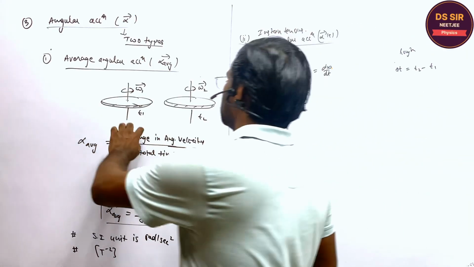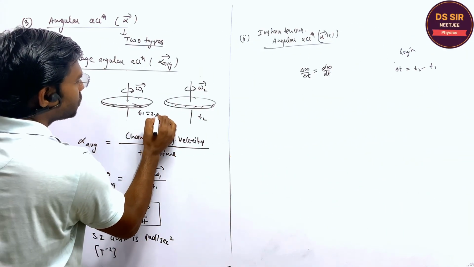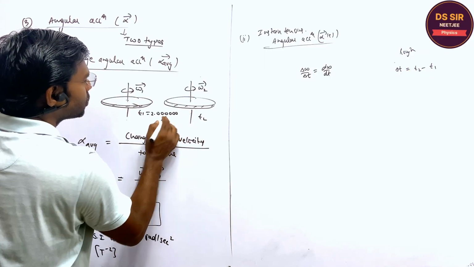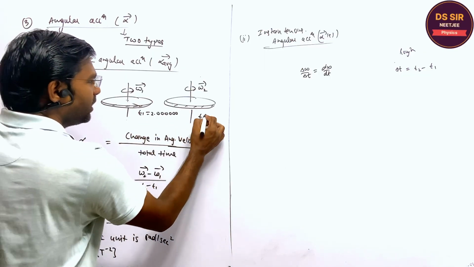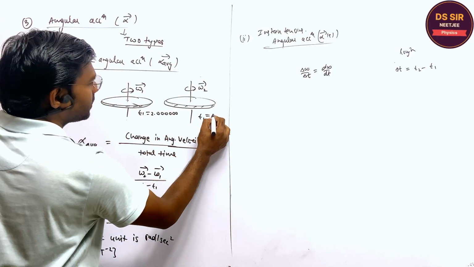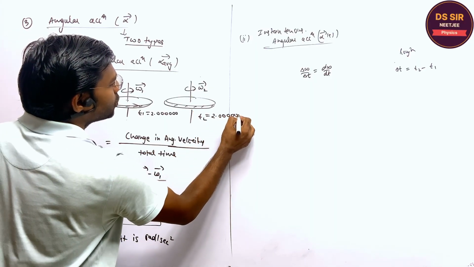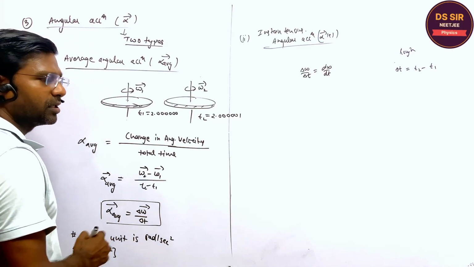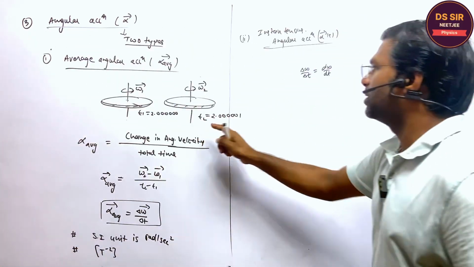Suppose the instant of time is 2.00000 seconds, and after some time the instant of time is 2.00001. So what is the time difference?